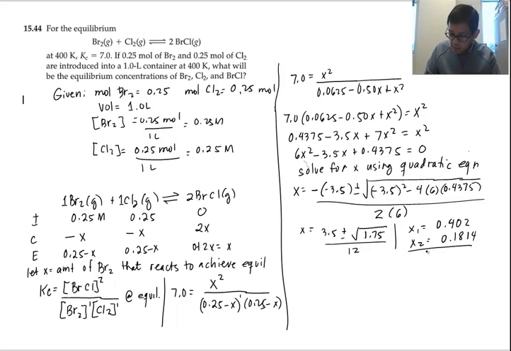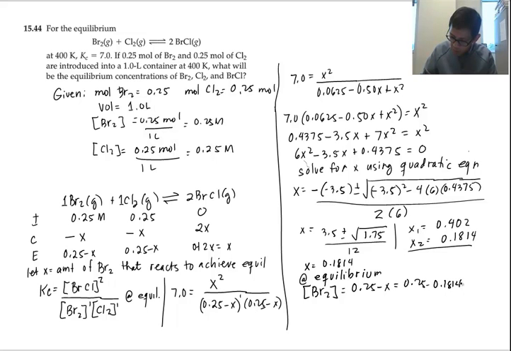Alright, so now that we know the value of x, we can solve for the equilibrium values. So at equilibrium, the concentration of Br2 is 0.25 minus x, 0.25 minus 0.1814, that would be 0.0686 molar.